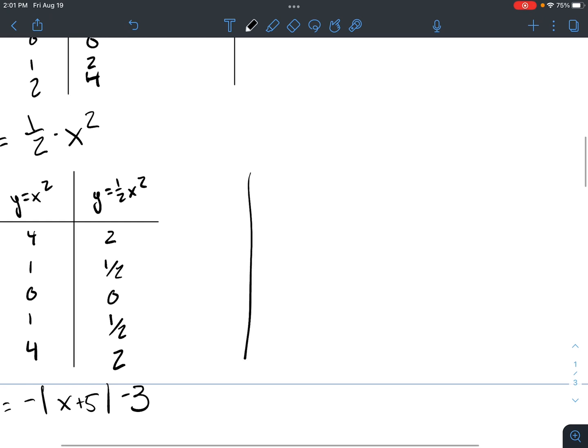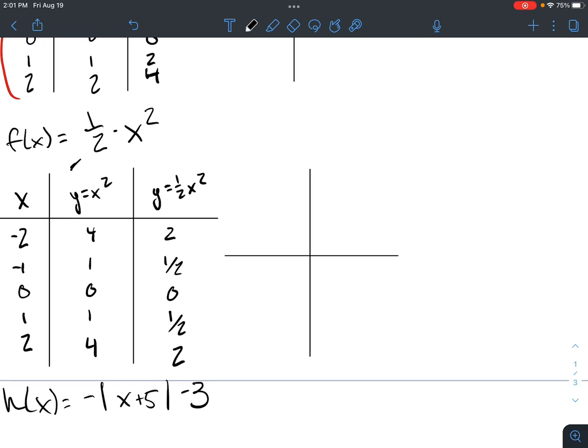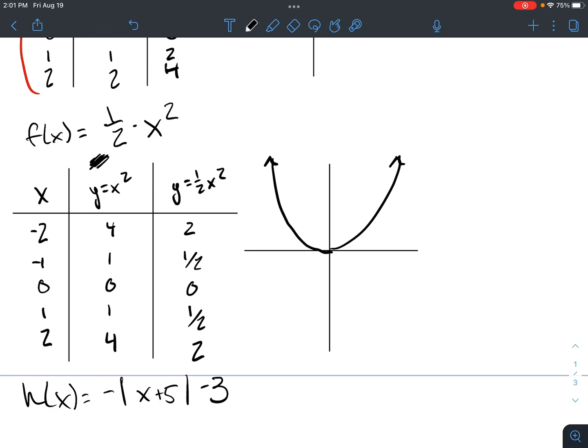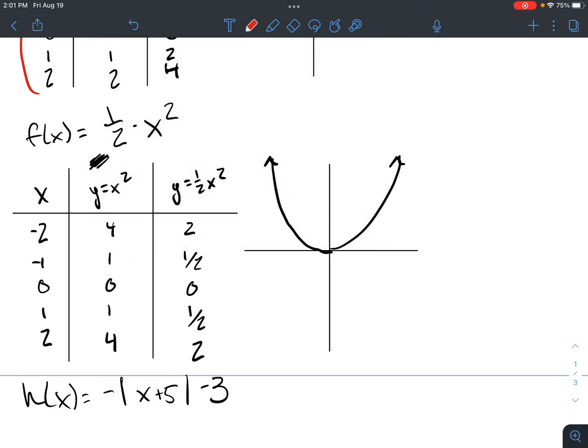Let's go ahead and draw another grid. We'll have our parent function in black. Now at -2 we're at 4, but with our new function we're going to be at 2. So it's going to be a little bit less steep.